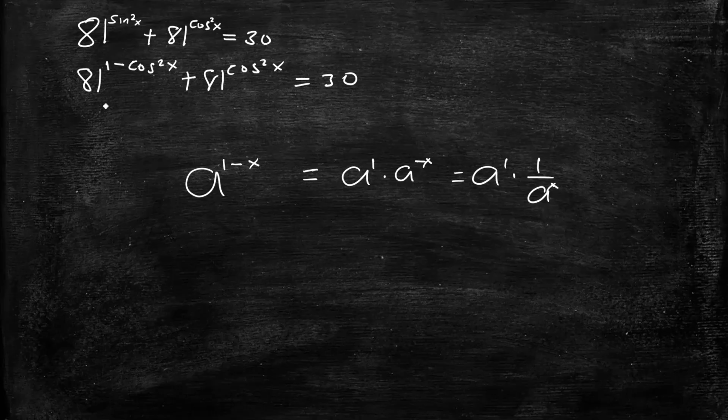So we can say 81 raised to 1 times 81 raised to negative cos squared x plus 81 exponent cos squared x equals 30.